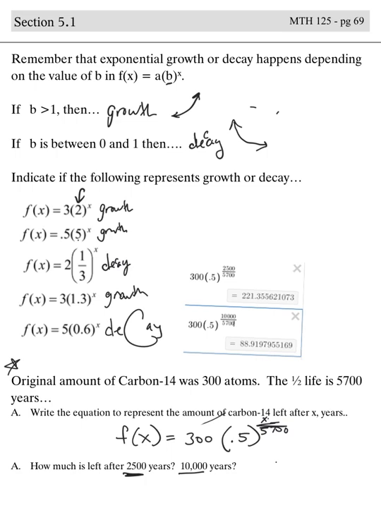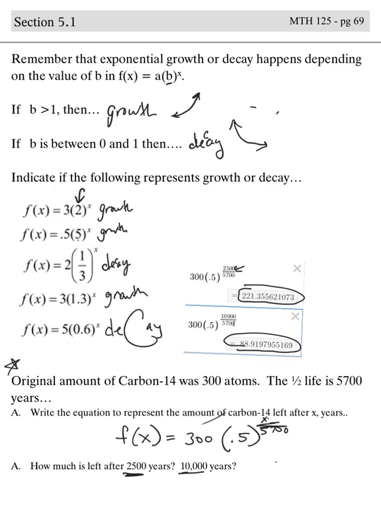How much is left over 2,500 years? I plugged in 2,500 for x. It would be 221 point lots of things. And then after 10,000 years, we've had more than one half-life. So I have 88.9 and so on, that much left for carbon-14 atoms.